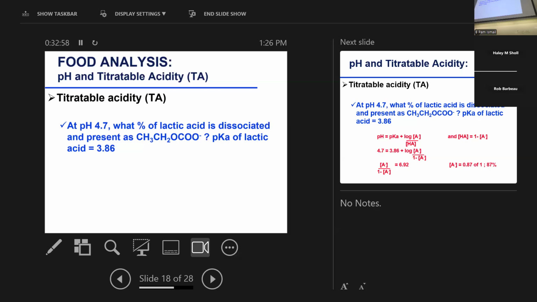I got 6.91. 6.92 I got. 6.92. Very good. Then now I solve for A minus. If I do just the algebra part of it, 6.92 minus 6.92A.